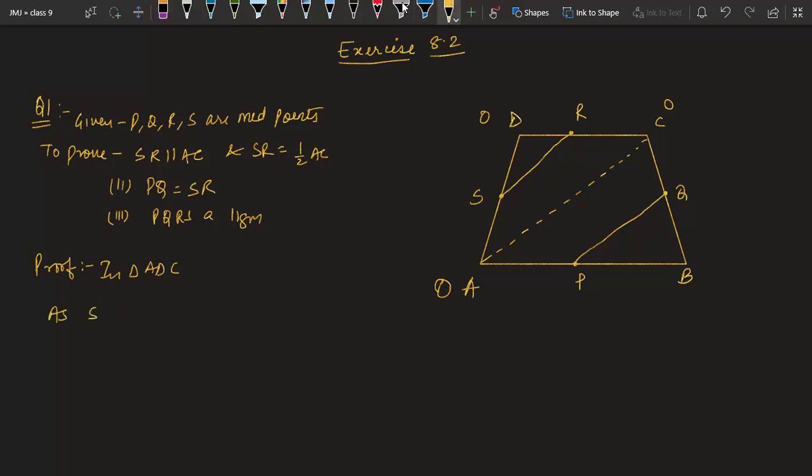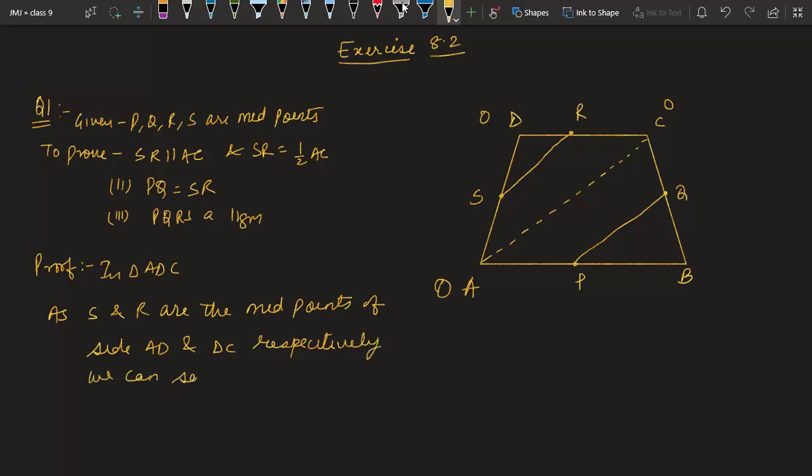As S and R are the midpoints of sides AD and DC respectively, we can say that SR is parallel to AC and SR is equal to half of AC, by the midpoint theorem. That's it. First part is proved.